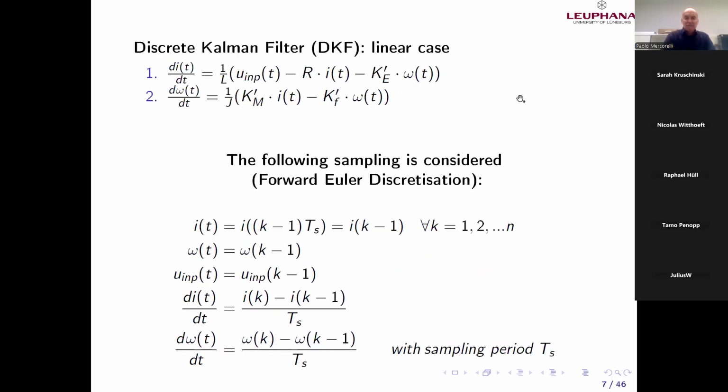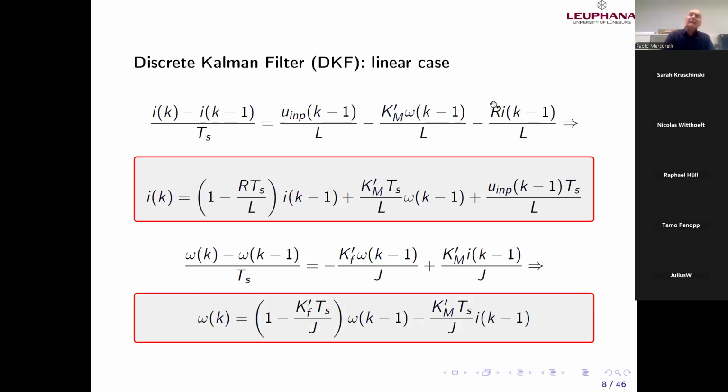Do you remember last time I introduced the discretization? I also tried to sketch the difference between forward Euler and backward Euler. Forward or backward is not extremely relevant at this moment.